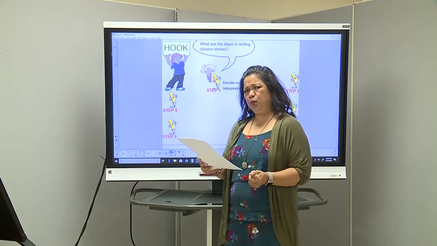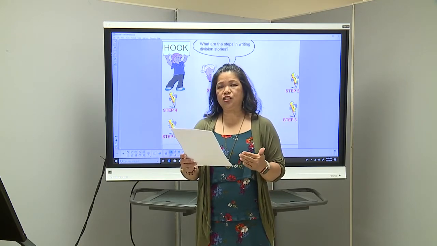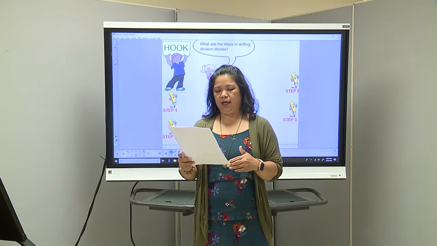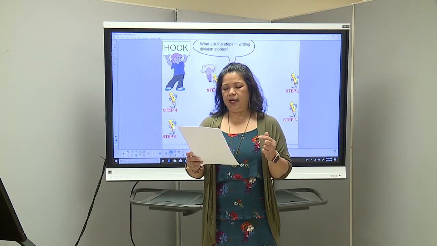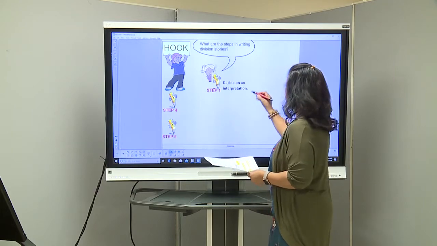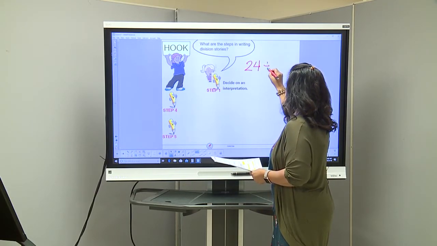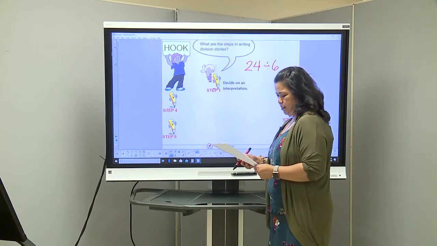Now you still remember what partitive division is? The divisor tells the number of groups and the quotient names the size. For example, just to review, let's say I have 24 divided by 6.